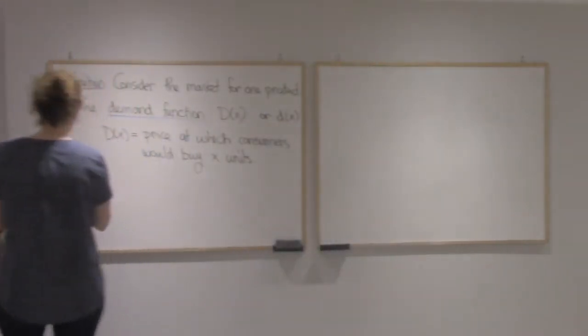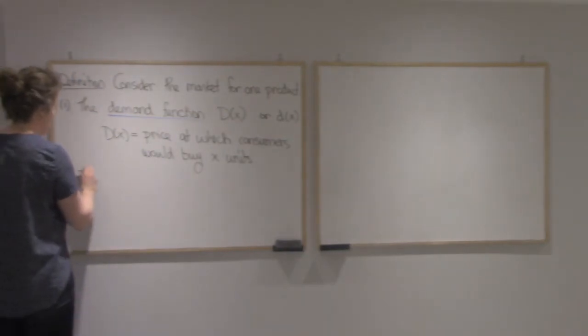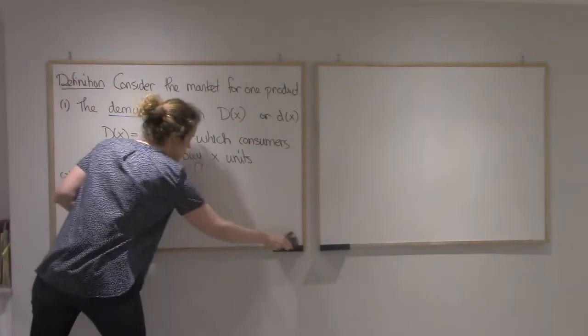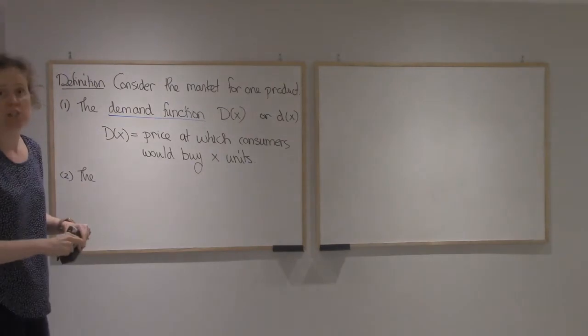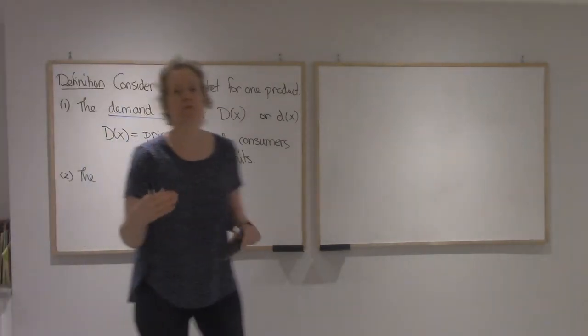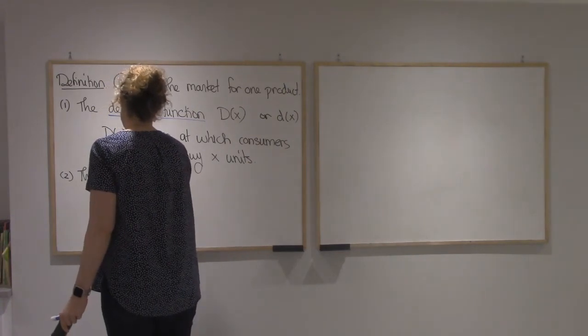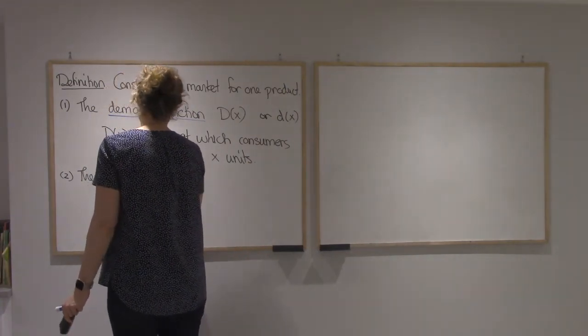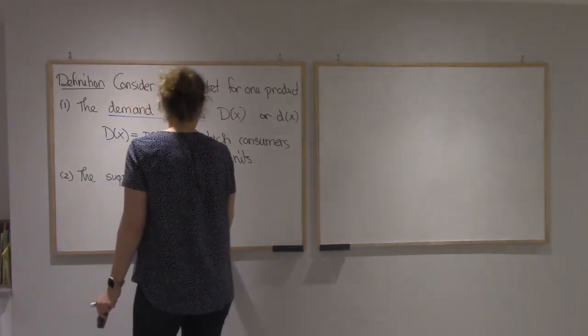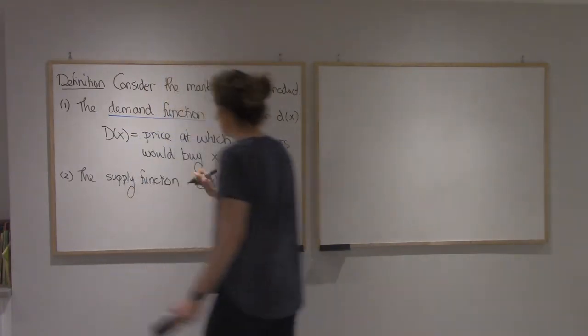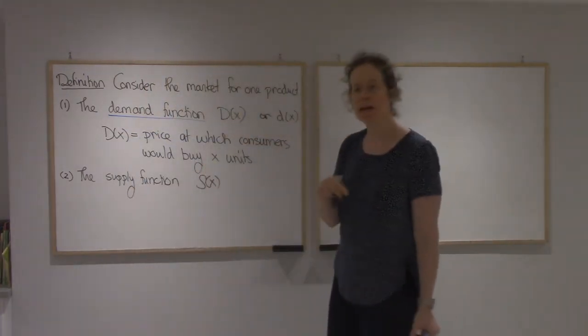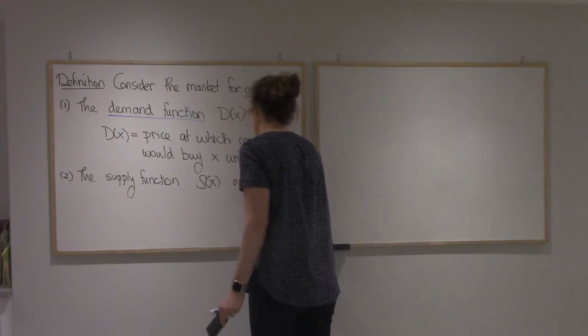Alright, now second, the supply function. In the supply function, we take the point of view of the producers. So the supply function, S of x, and again, depending on your source, you can see big S or small s.